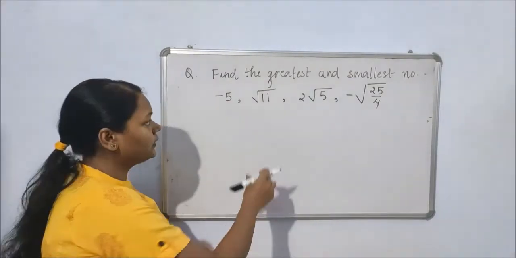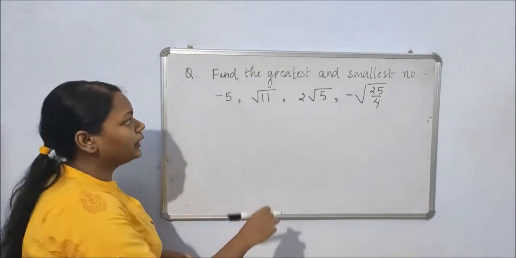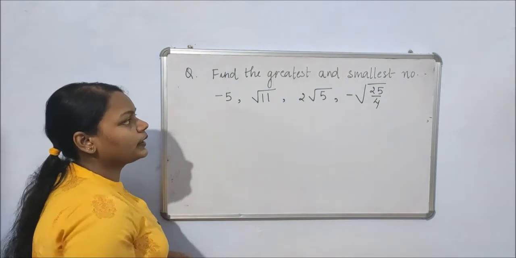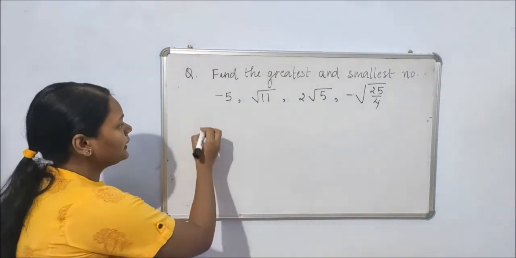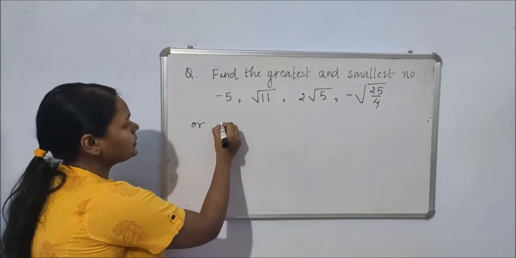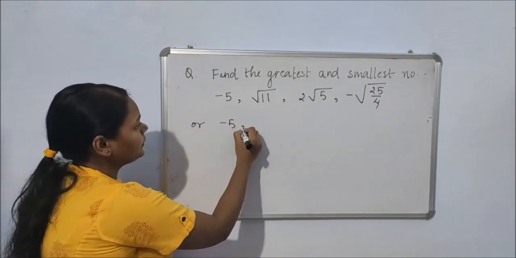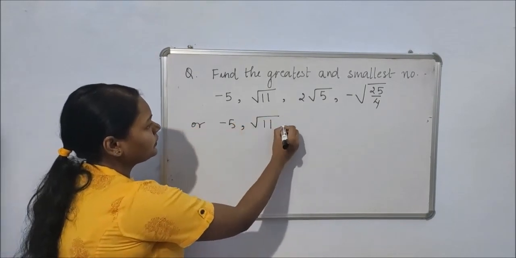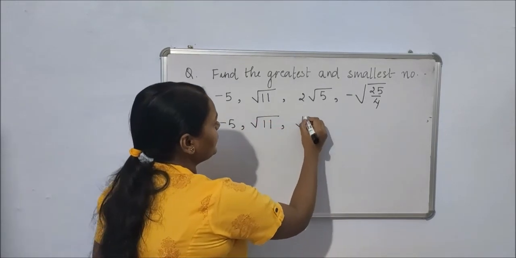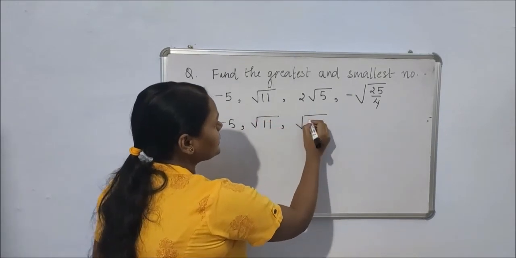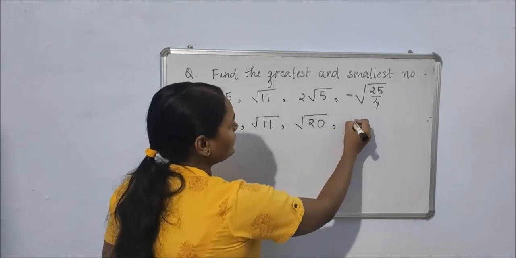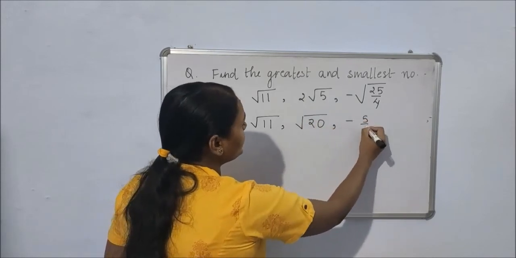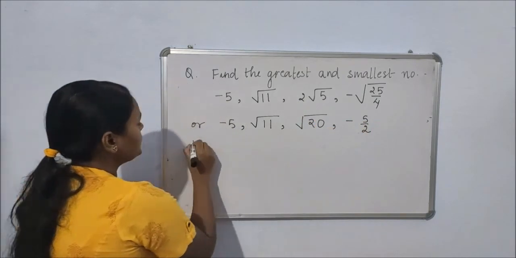So I am given this collection of real numbers and I have to find in this question the greatest and the smallest number out of the 4 given numbers. So let us see. We can write this as minus 5 under root 11. Then this can be written as, 2 will go inside, so 4 into 5 is 20, and this can be simplified as minus 5 upon 2.